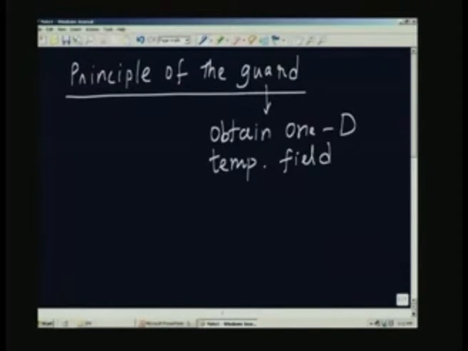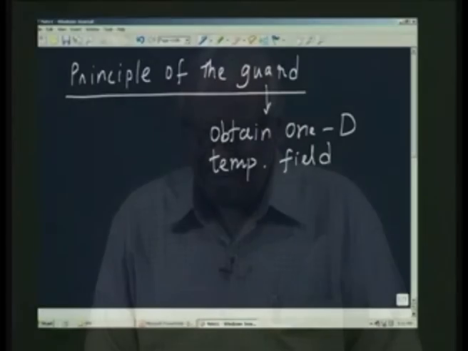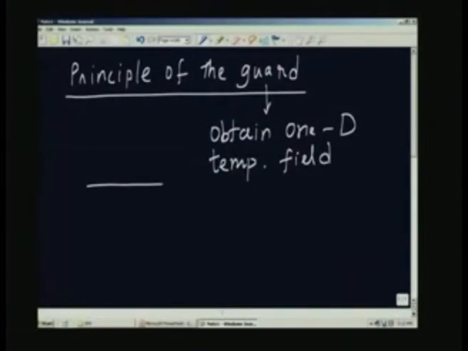So, I want to obtain a one dimensional temperature field in the probe. Suppose I have a piece of material like this, a cylinder, and I subject it to some amount of heat flux at the surface, and this is exposed.